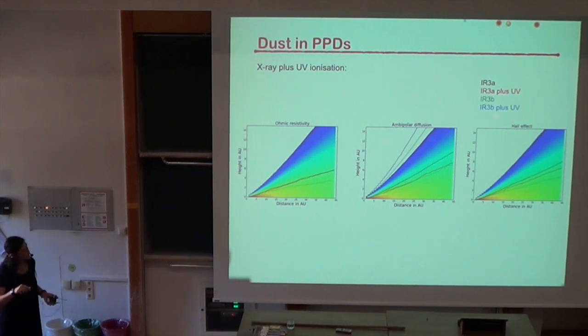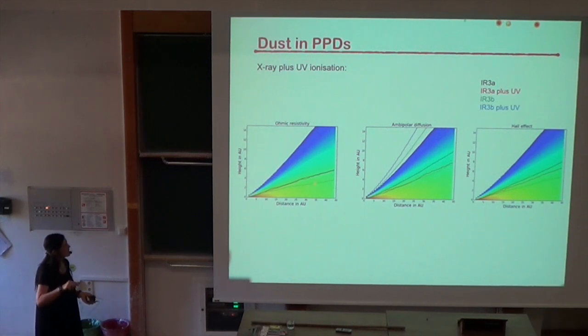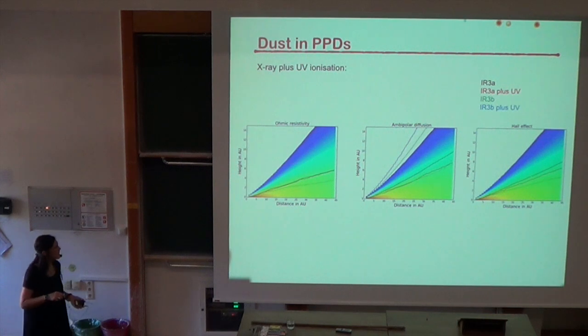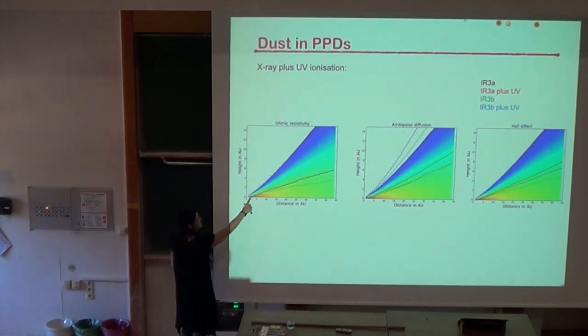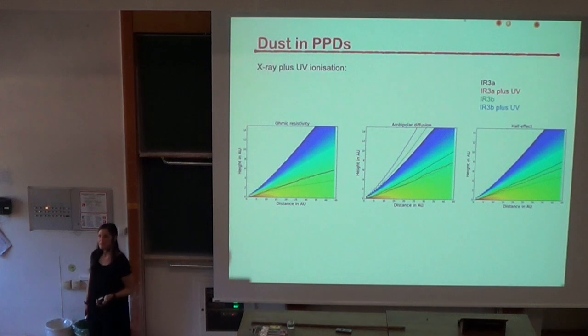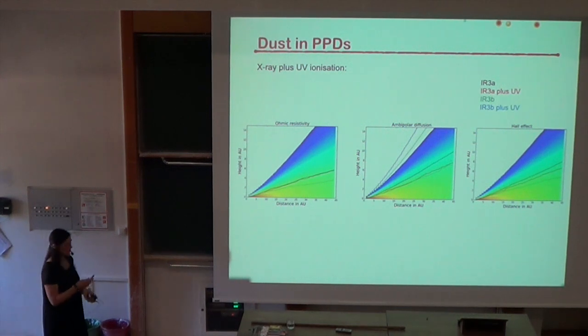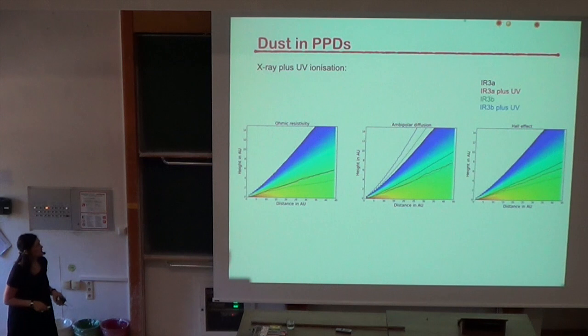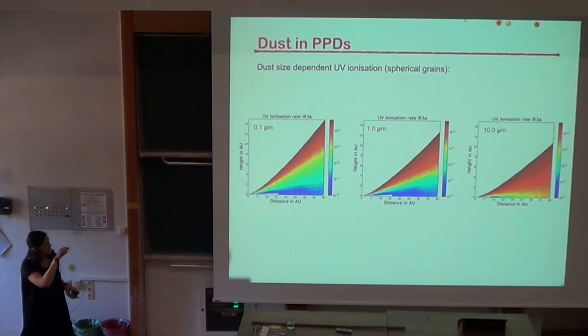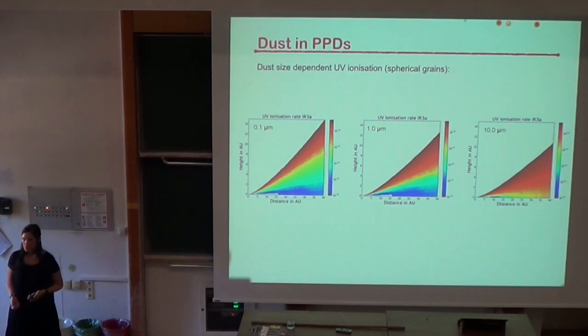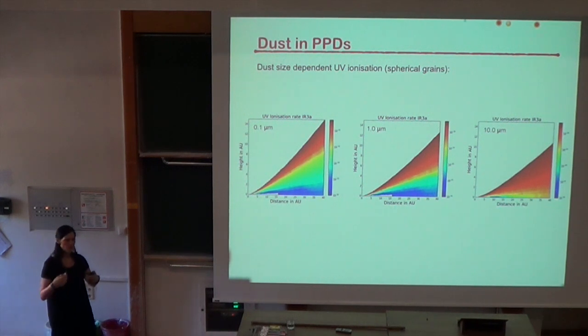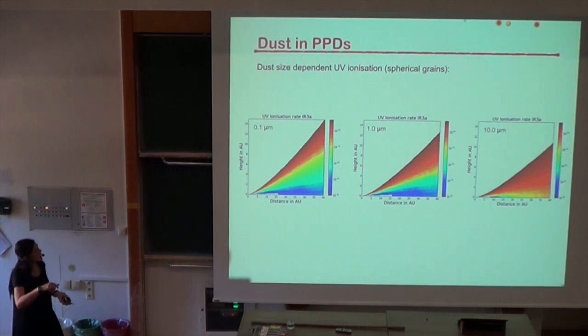But when we go to this reduced dust scenario, we have here the green line, which is without UV, and the tiny little blue line here for the with UV. That means the entire disk can become turbulent when we really have this dust settling scenario in the disk and the strong UV radiation. I said the UV radiation was calculated with the size distribution, so I was interested in what is really the role of the dust particles in this scenario.